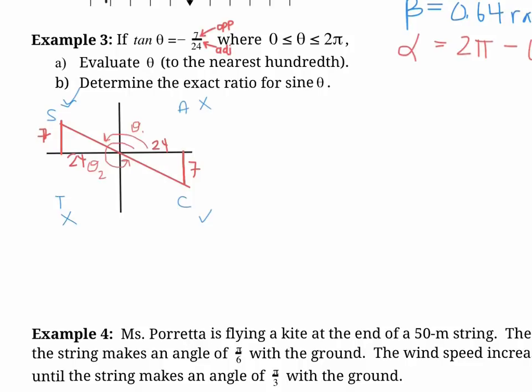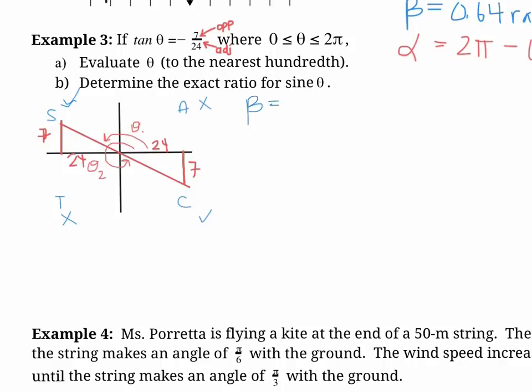So the first question again just asks us to evaluate theta. So we have a ratio for tan, so we can just apply tan inverse to find theta. So if I take this tan inverse of this, I'm going to get a negative angle measure. Personally, I always like to find, if I'm given a negative ratio, I always like to make it positive because that means I'm always going to be given my related acute angle measure.